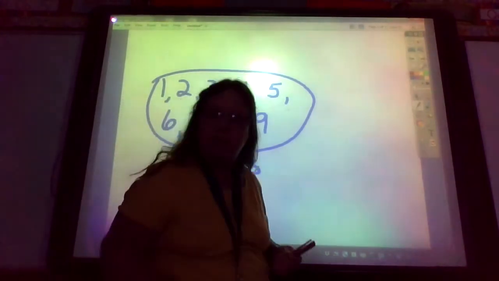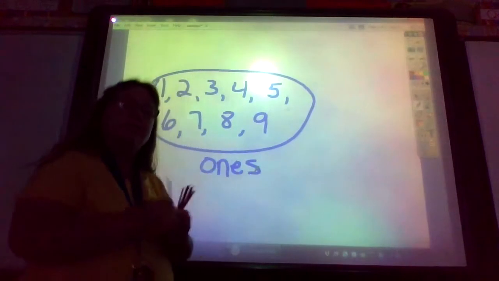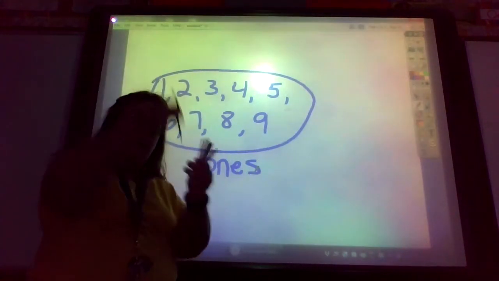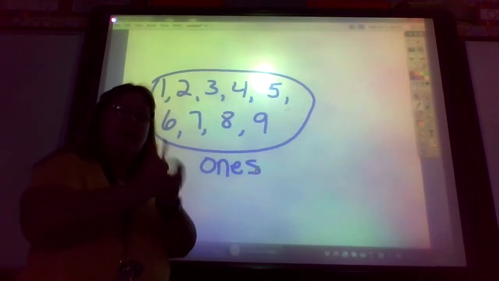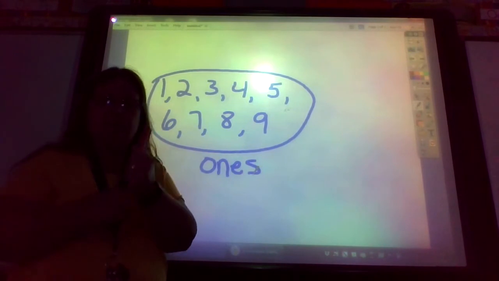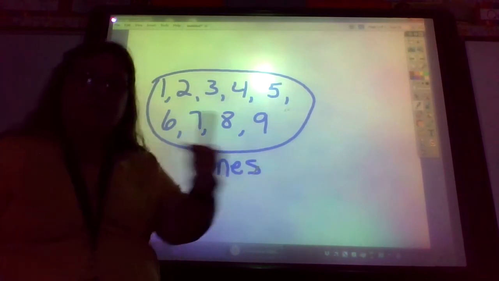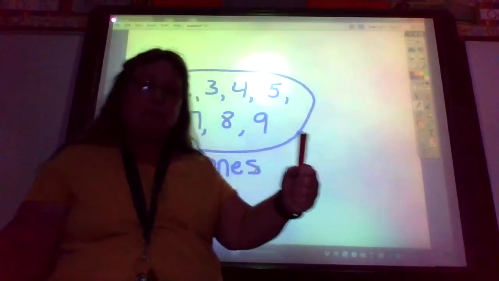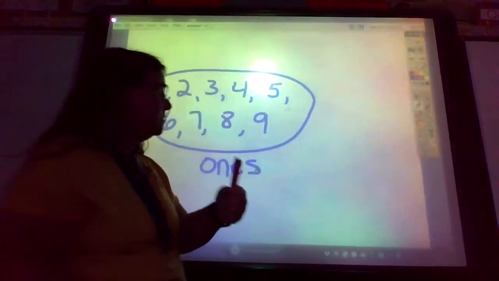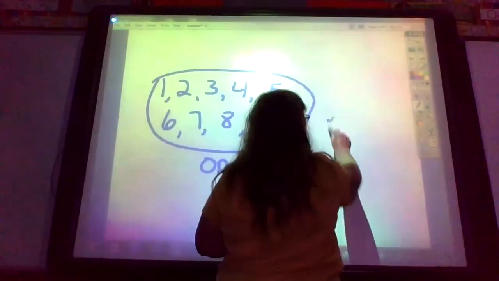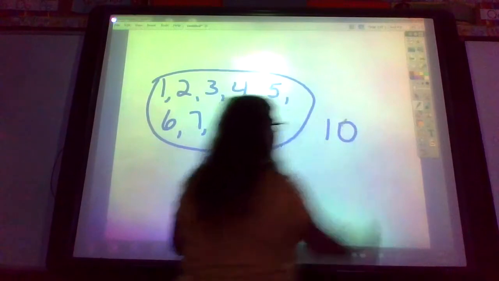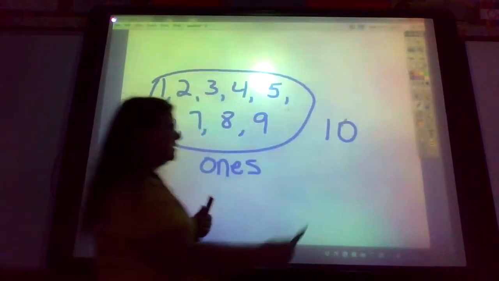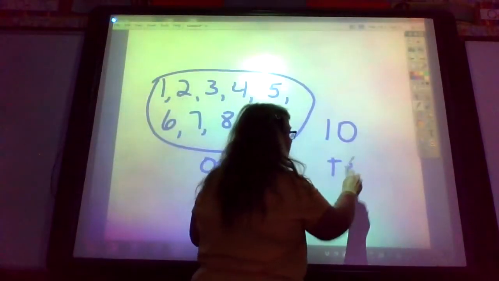Now, like I said, once I add that 10th one to it, now I have a 10, because I have 10 of them. 10 of them makes a bundle. So once I add a 10 and get to 10, these numbers are 10s.